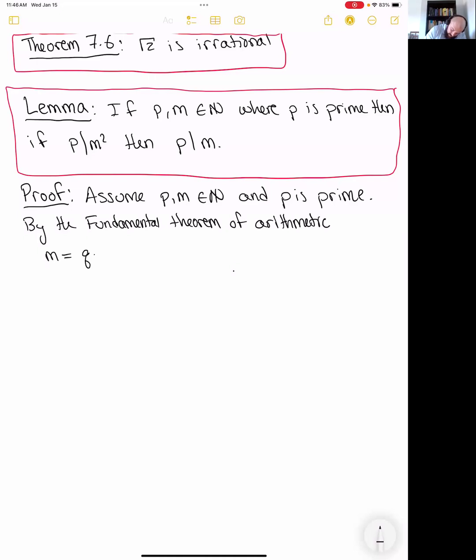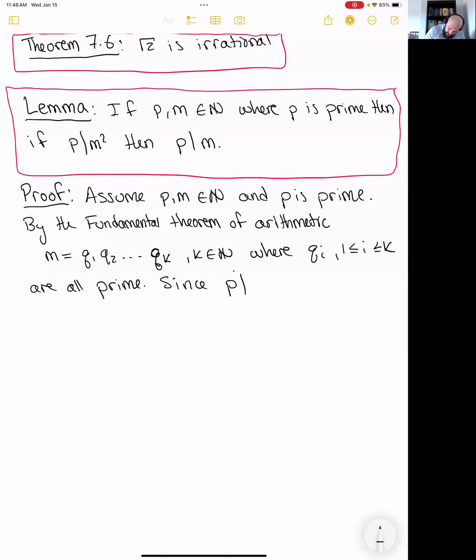Let me use Q's instead of P's only because I don't want to confuse it with the other P at the moment. Where Qi for 1 less than or equal to i less than or equal to k are all prime. Okay, good.